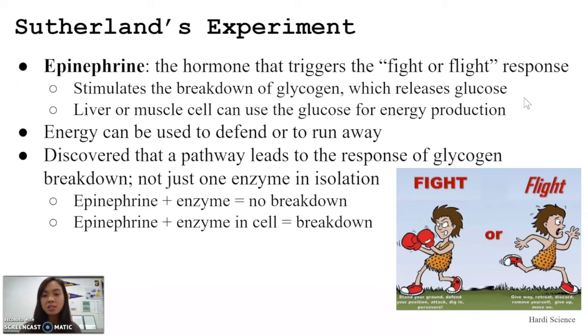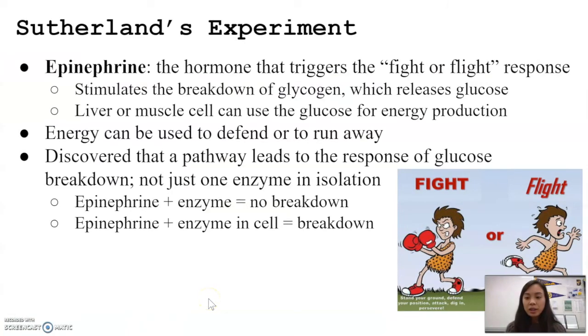This shows us that the cell must provide some additional intermediates that allow for the breakdown of glycogen that would not otherwise be present without an intact cell. It also shows the importance of an intact membrane on a cell that allows for the transduction of a signal. With this information, he was able to start to give us clues about the signal transduction pathway that exists inside of our cells.